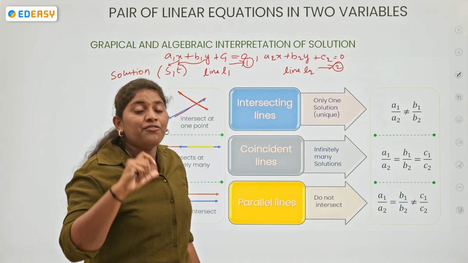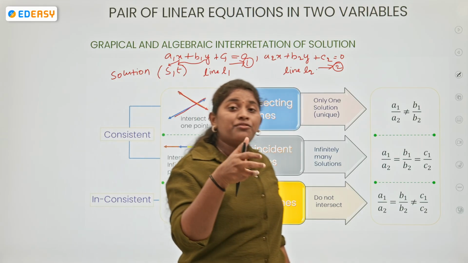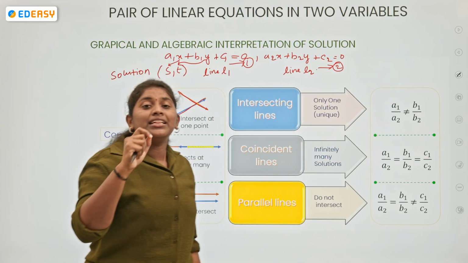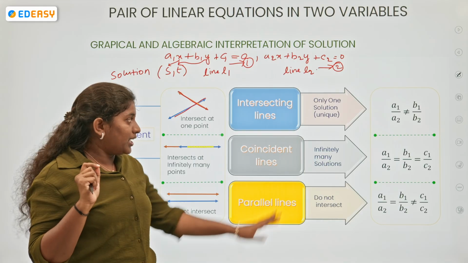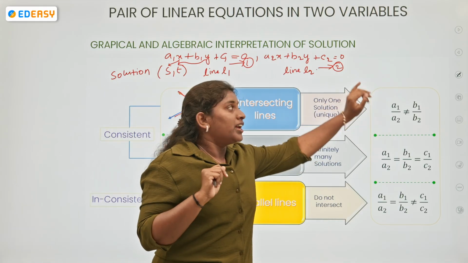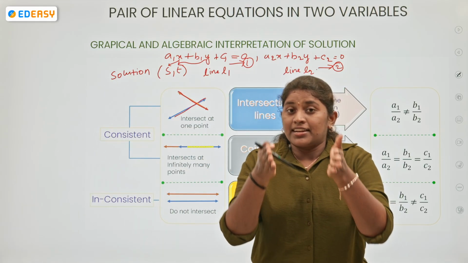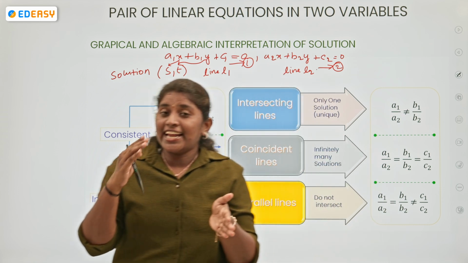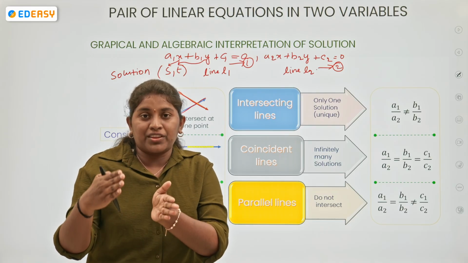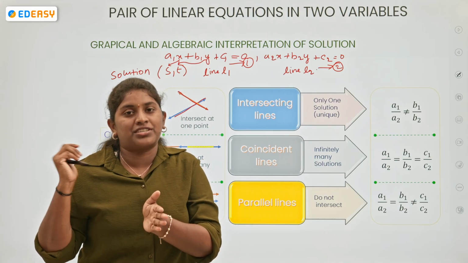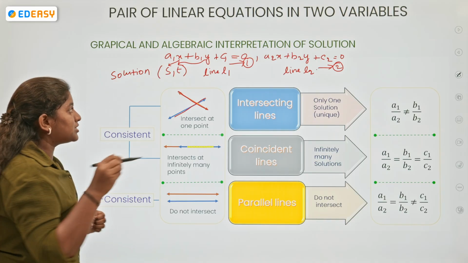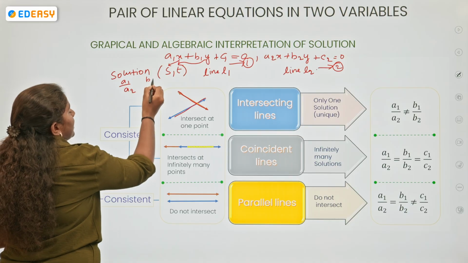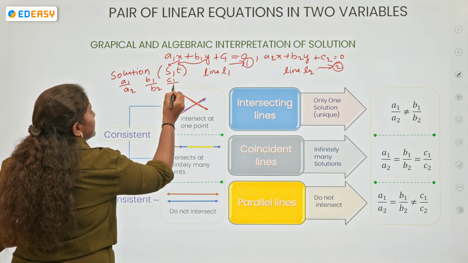And how can we relate this algebraically with the help of coefficients? We are going to take the ratios of coefficients. Just leave this part, I will tell you. So this is the graphical representation of your pair of linear equations, and another way is relating them with respect to the ratio of coefficients. Ratios of coefficients means I am going to take the ratios A1 by A2, B1 by B2 and C1 by C2.